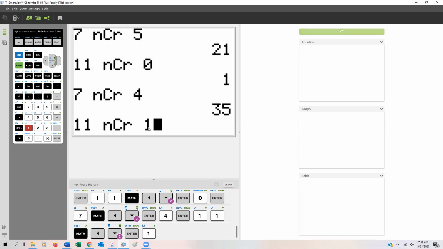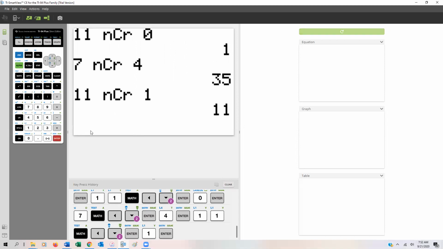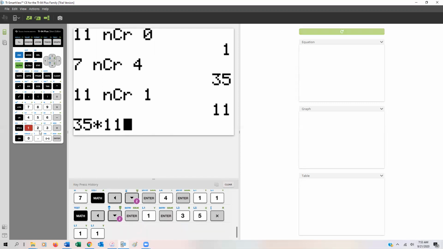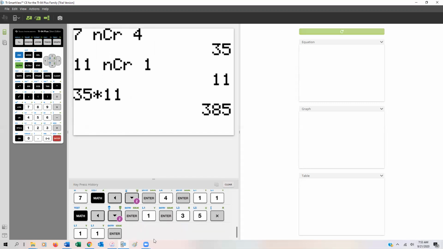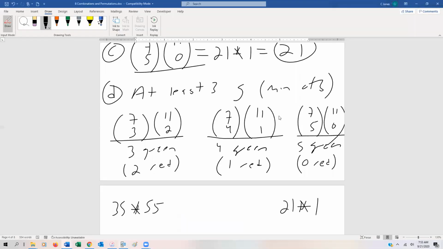If the second number is 1, you always get whatever the first number is in a combination. So that's going to be 11. So we get 35 times 11, which I think is 365 or 385. Let me check. So it's 385. All right. And we need that number for later anyway, so we'll just hold on to that.